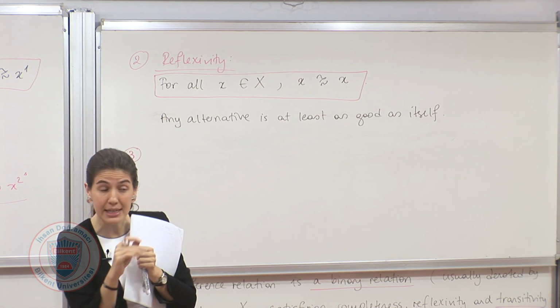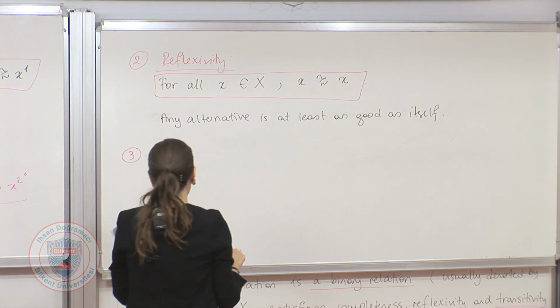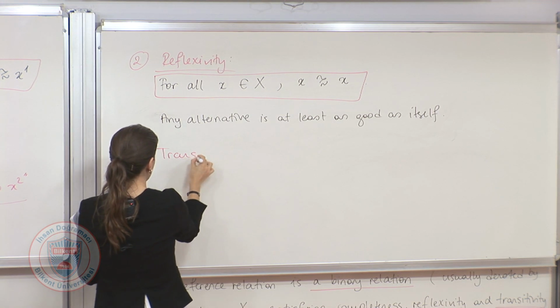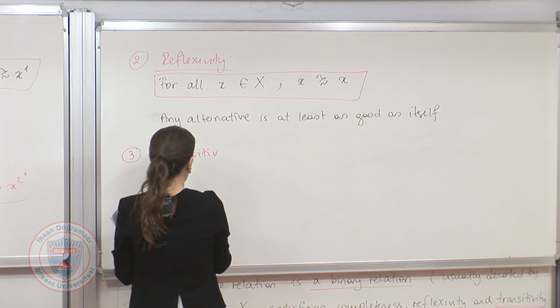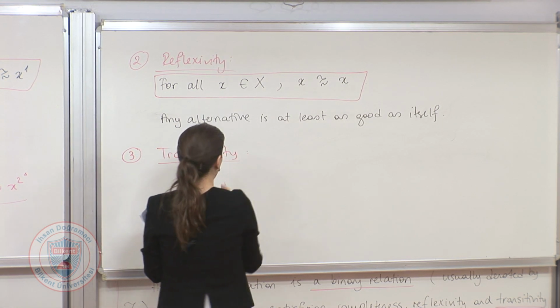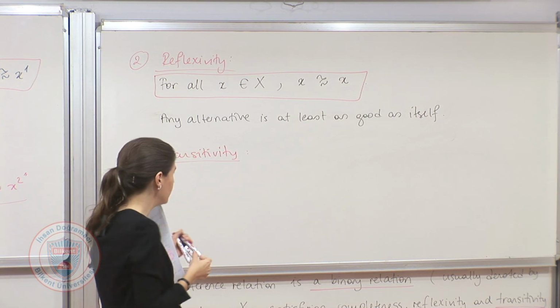This third one is important, and you'll see that it will be very important in showing some stuff later, and you'll come across this a lot. It's transitivity. Let me write down the formal definition and then we'll explain what it means.